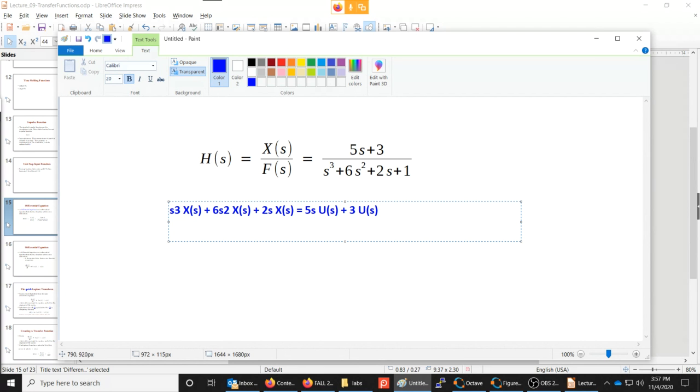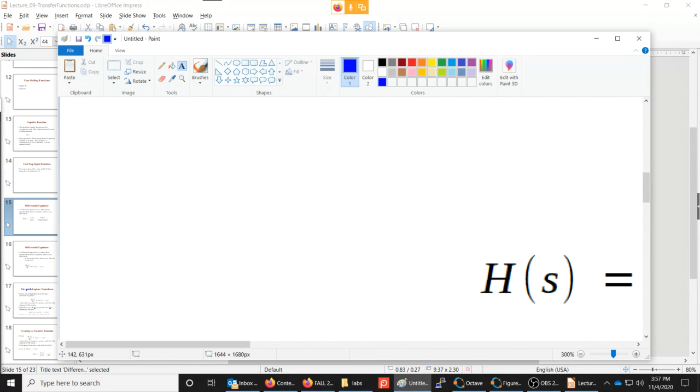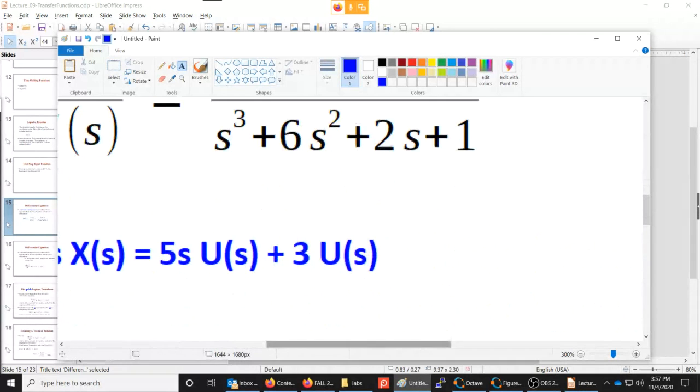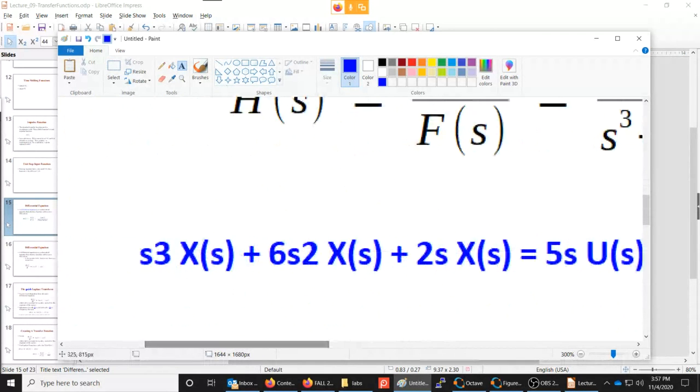Now, everywhere that we have an s, these are derivatives. Let me zoom in here and try to make them superscripts. So this should be s cubed, and this one here is s squared.